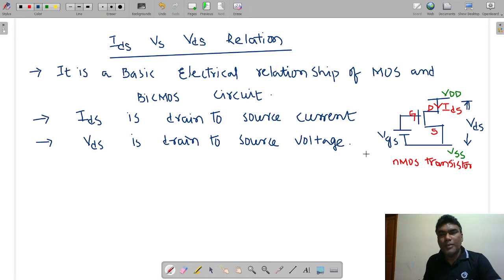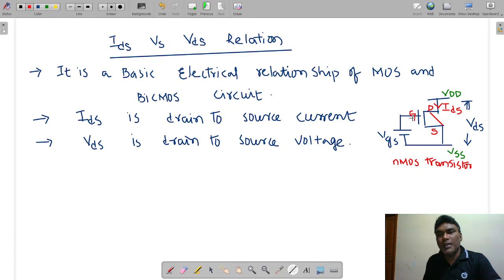Now, when you are applying the VGS voltage, a channel is established between drain and source. There may be a flow of charge carriers from here to here.